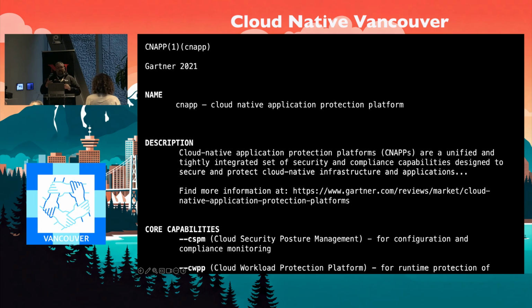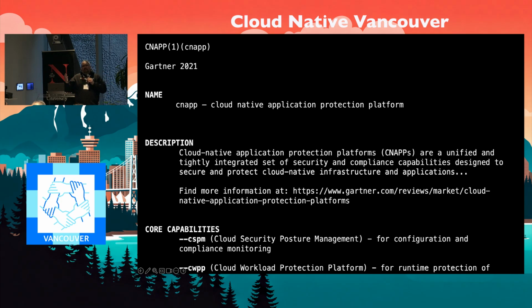The way that Gartner classifies the capabilities for CNAPP, they have 3 categories. It talks about core capabilities, which is the bare minimum that your platform or solution needs to have in order to be called a CNAPP platform. It also has recommended capabilities and optional capabilities.